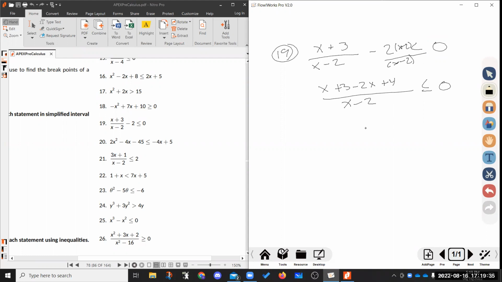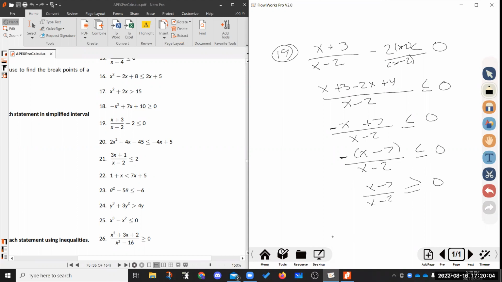It just writes everything as a simplified fraction. That's a negative x plus 7 over x minus 2 is less than or equal to 0. So I'm going to pull out that negative sign like that. And I want to get rid of that negative sign if I can by changing the direction of the inequality sign.